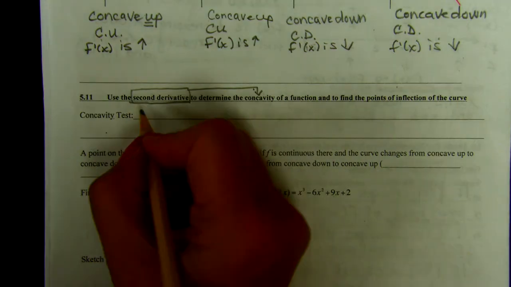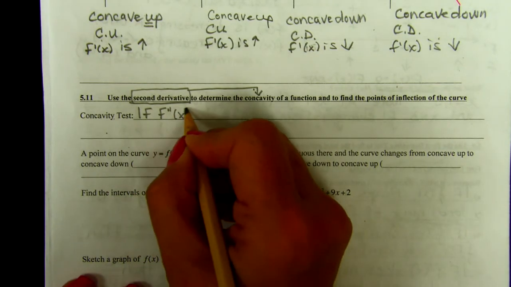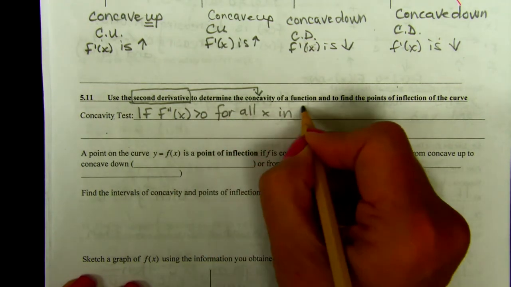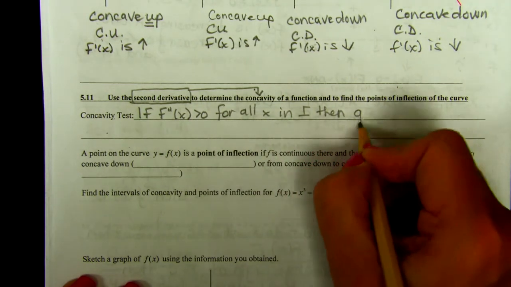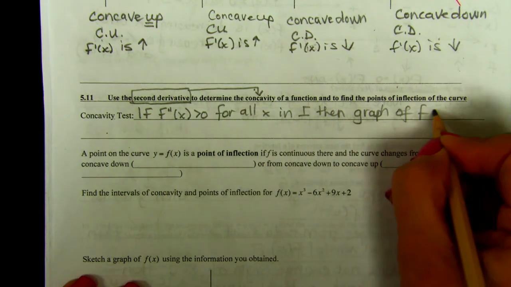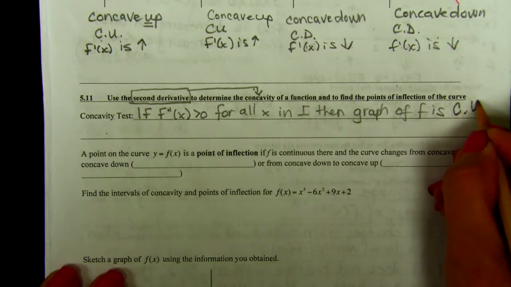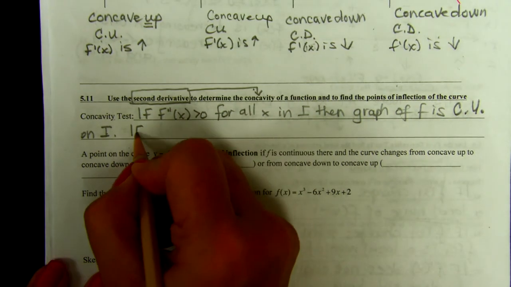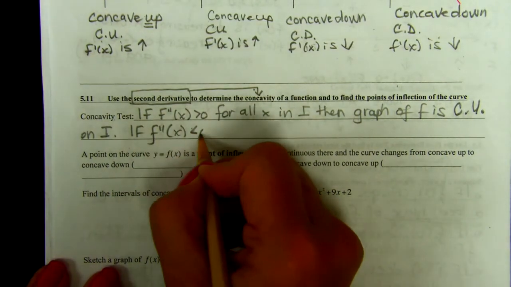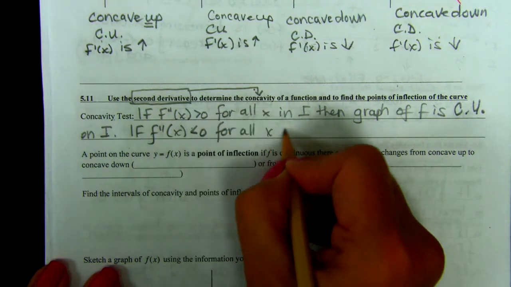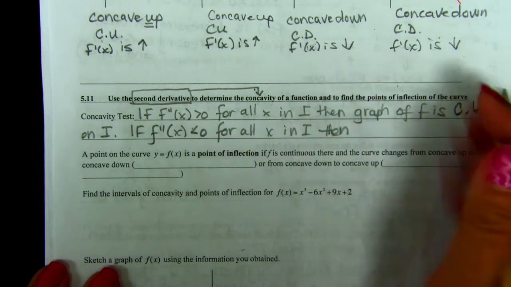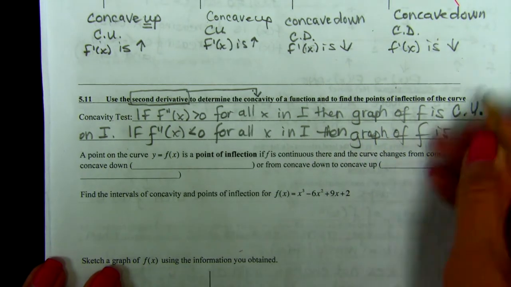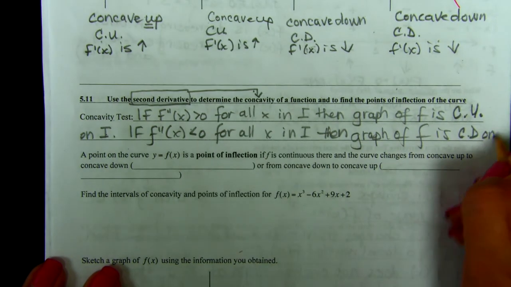So if the second derivative of x is greater than 0 for all x in some interval I, then the graph of f is concave up on I. If the second derivative of x is less than 0 for all x in I, then the graph of f is concave down on I.